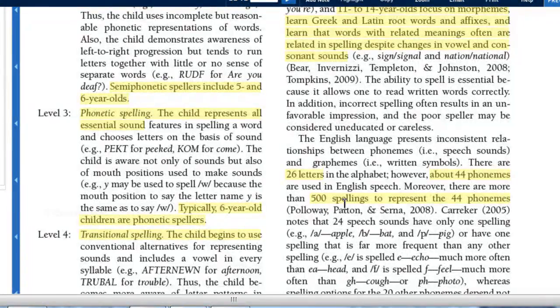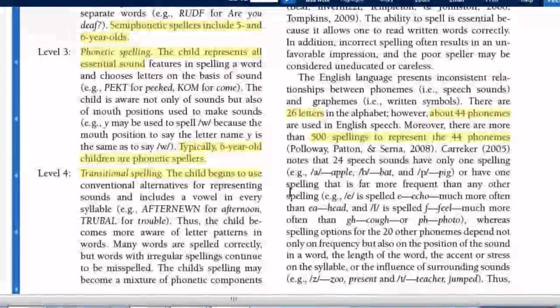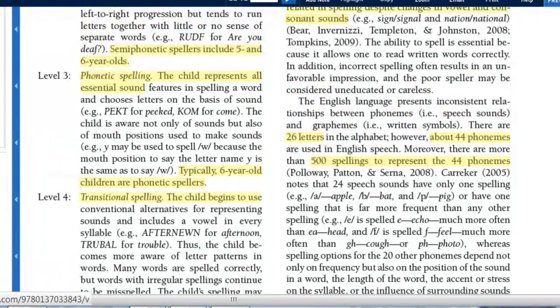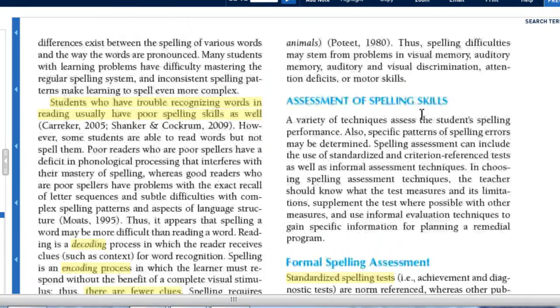And get this, 500 spellings to represent those 44 different phonemes. And it gives you a bunch of those here on the 2nd level. Students who have trouble recognizing words in reading usually have poor spelling skills as well. Now, did you notice that spelling isn't one of our categories in South Dakota? Let me just take you back and show you something here.